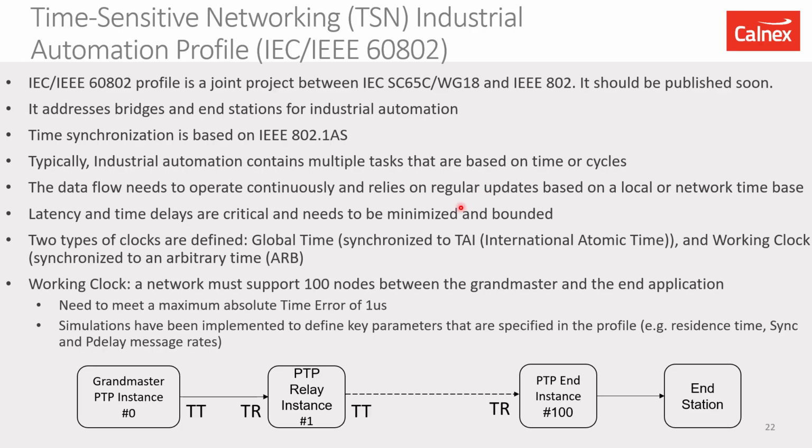It implements some enhancements in terms of adding some information on the rate ratio in order to improve the accuracy. In fact, the target performance is quite challenging, because the target is to meet 1 microsecond over a network of 100 nodes, and due to that it was required to implement some enhancements to the 802.1AS.